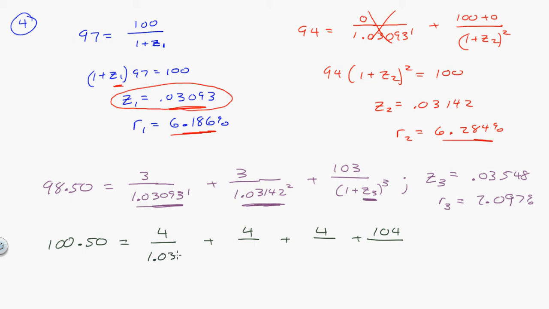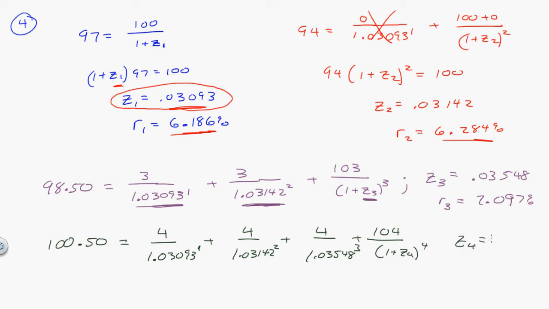1 plus 0.03093 to the first, 1.03142 squared, 1.03548 cubed, 1 plus Z4 to the fourth.